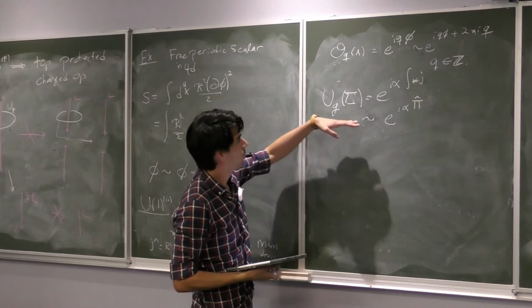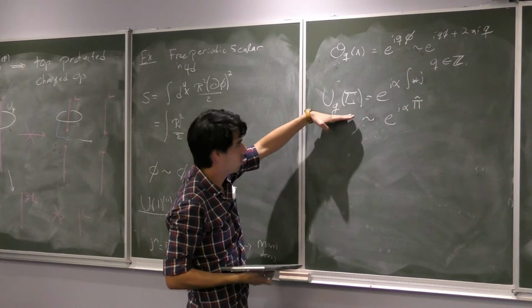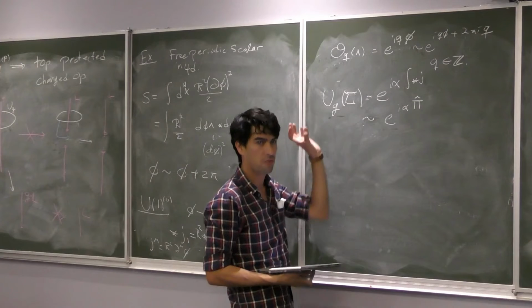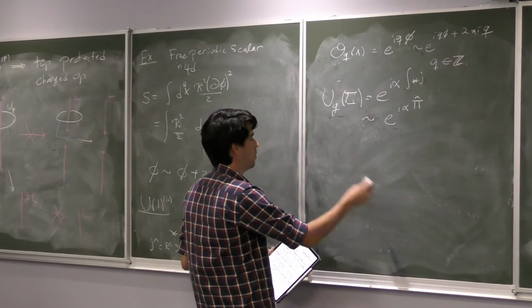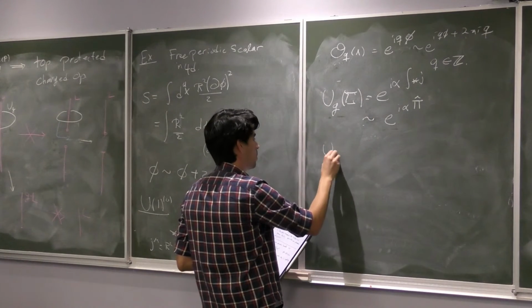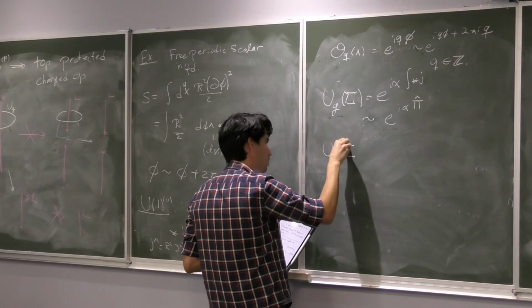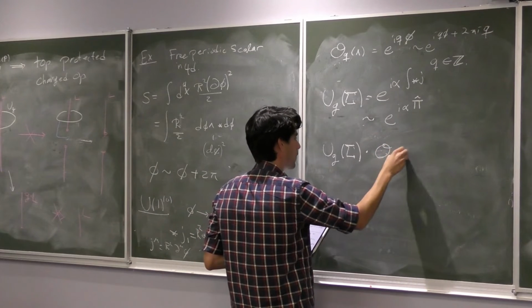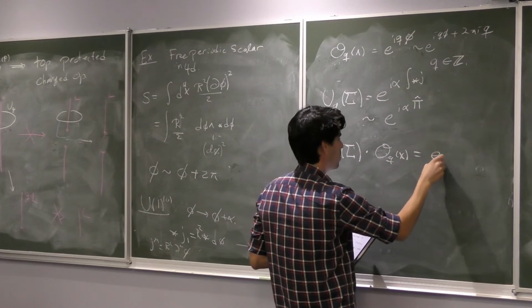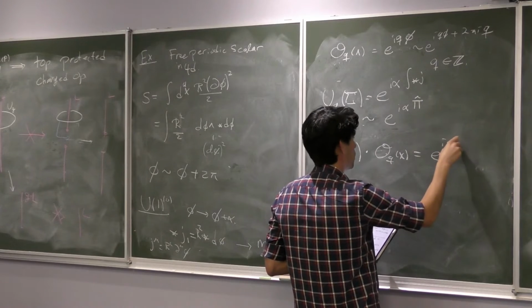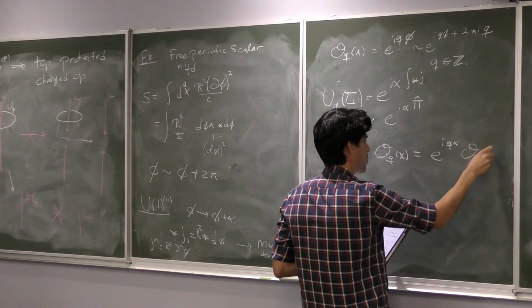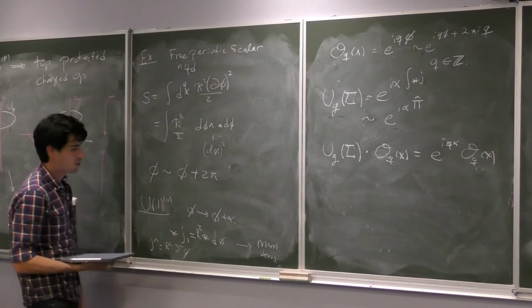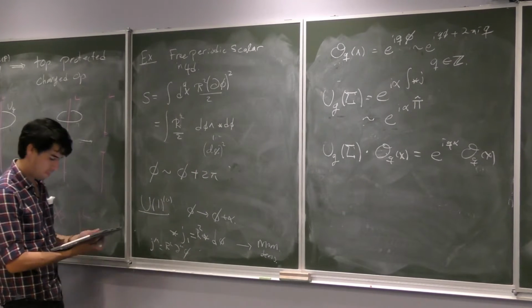So when you link any of these charged operators with the symmetry defect operator, you're literally just using the momentum operator to enforce a shift of φ. So U_g times O_q(x) is going to be e^{iqα} O_q(x). Okay. Good. So this is, hopefully, stuff we already knew.